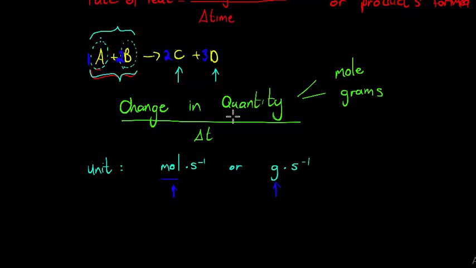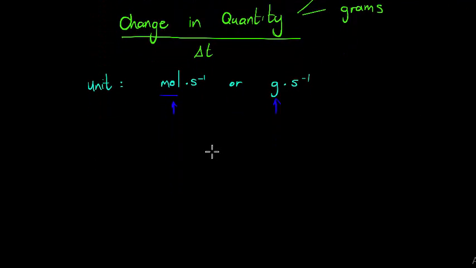Then we use this calculation: the quantity in the future minus the quantity initial, over the change in time. And quantity can therefore be moles, future minus initial, over a change in time, or it can be mass in the future minus mass initial, divided by a change in time.